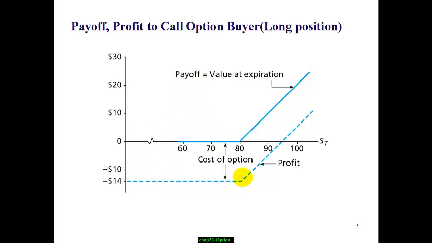The broken line is the profit, where we subtract the option premium of $14 from the payoff. So the stock price has to be a bit higher. In this case, 80 plus 14, $94, to break even. That means the option is at the money in the profit. So the option buyers buy the option hoping the stock price will go up. They predict or bet the trend of the stock price movement is going up.